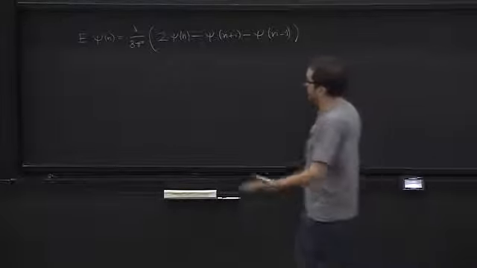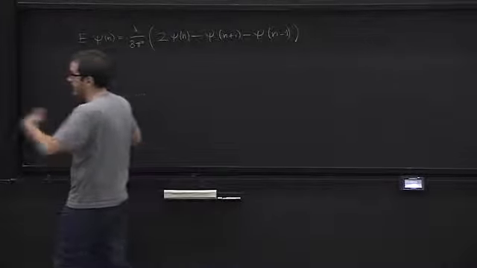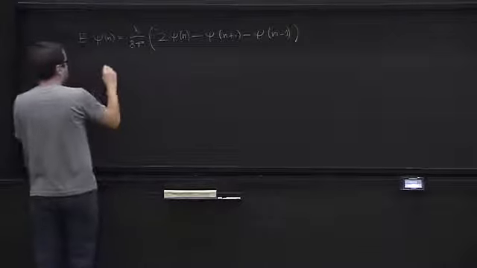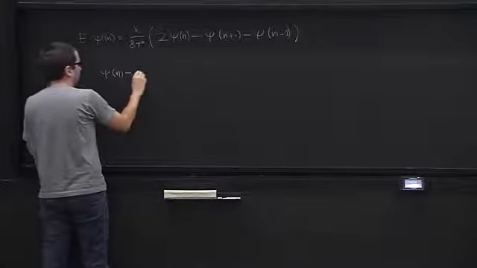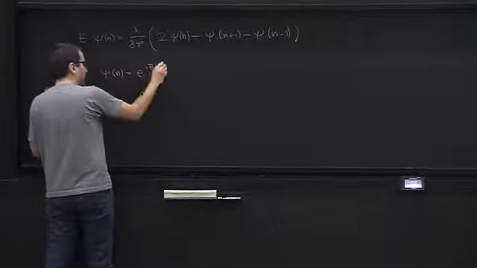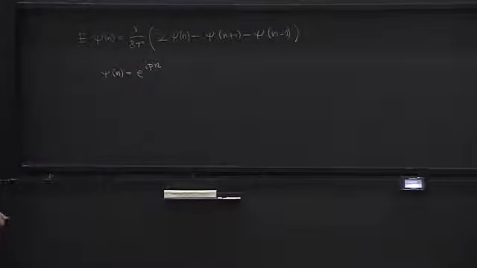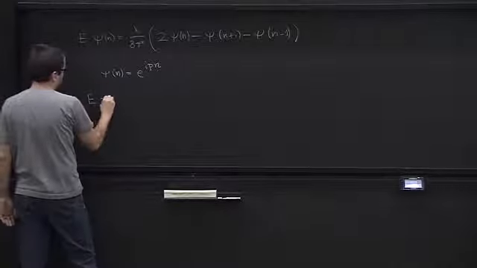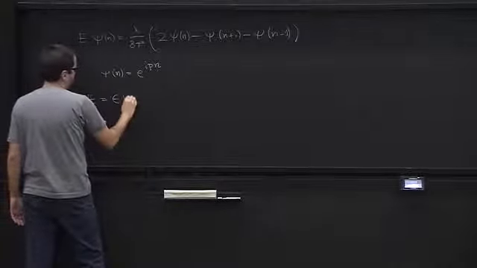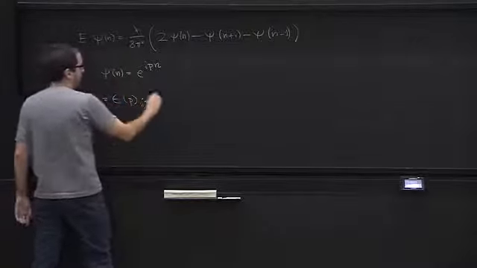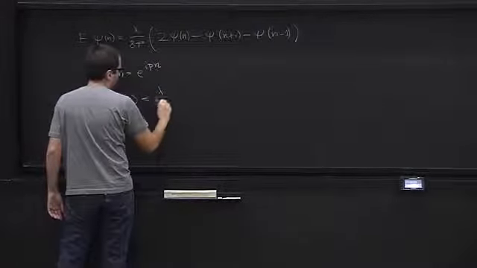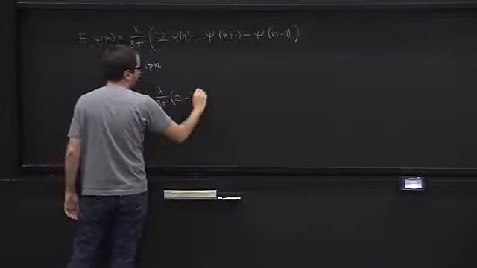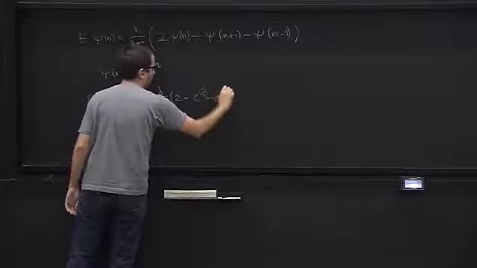So this, of course, is diagonalized by a plane wave, as any translational invariant system is. So this is diagonalized if we write psi of n equal to e to the ipn, which is the same as giving the particle a momentum. And in that case, we conclude that the energy, which depends on p, is equal to lambda over 8 pi squared times 2 minus e to the ip minus e to the minus ip.